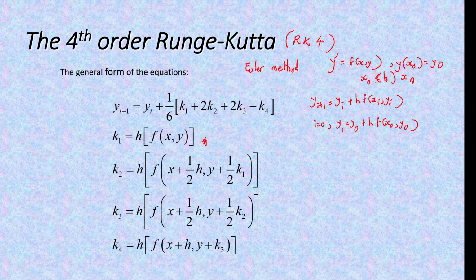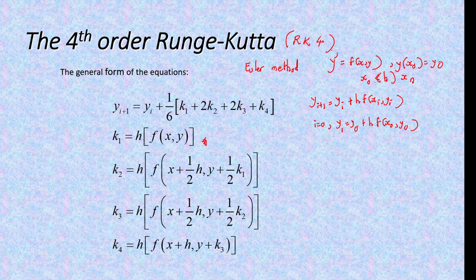After you compute k1, k2, k3, k4, the new approximation y i plus 1 is y i plus 1 over 6 of k1 plus 2k2 plus 2k3 plus k4. Because the coefficient of k1 is 1 time, k2 2 times, k3 2 times, k4 1 time, the total is 6. That's why they divide by 6, to get the average of k1 until k4.